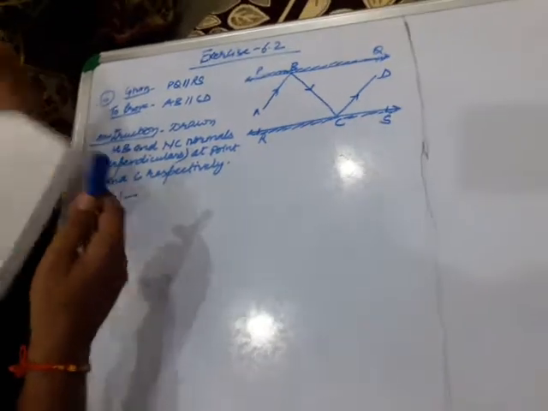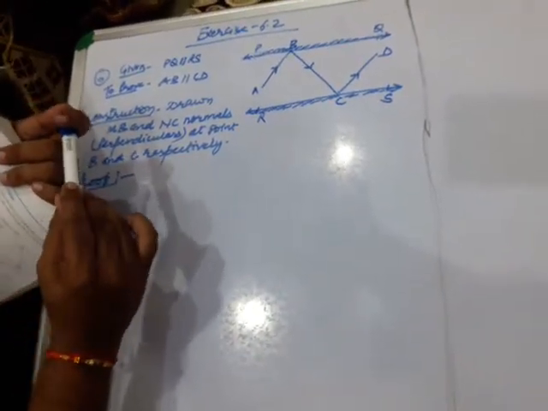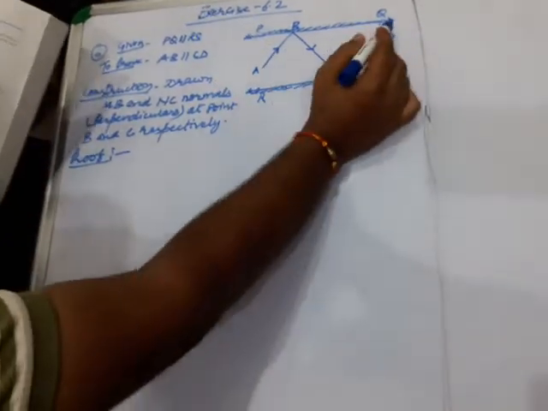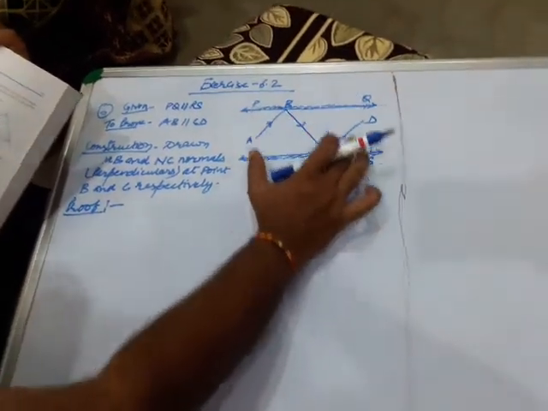Children, look at the board. See here, the figure is given over here. PQ and RS are two mirrors which are kept parallel to each other.